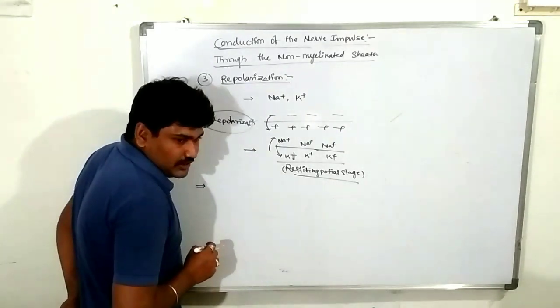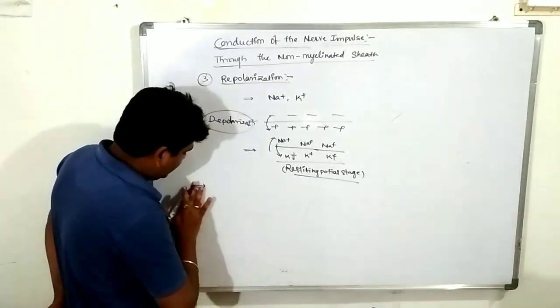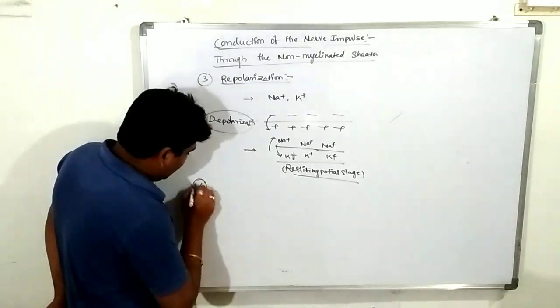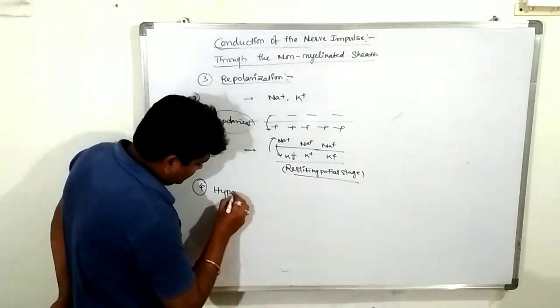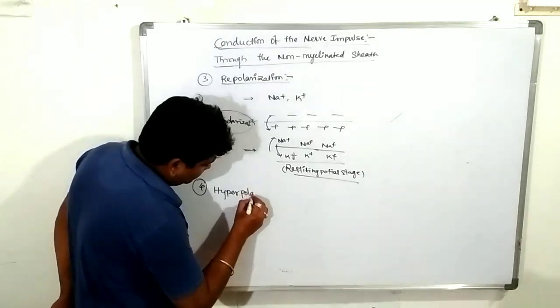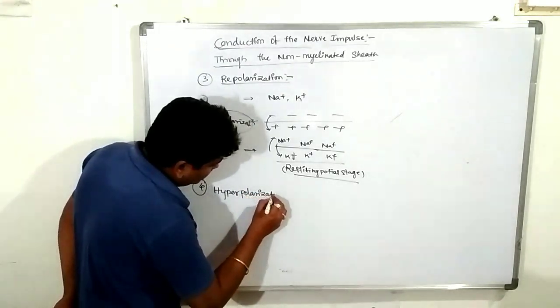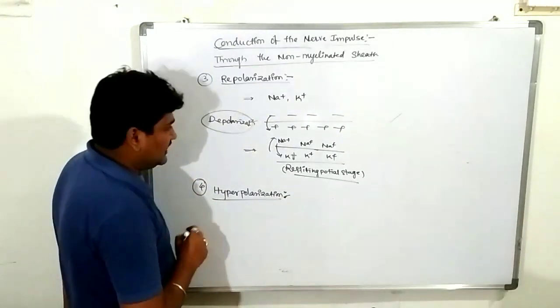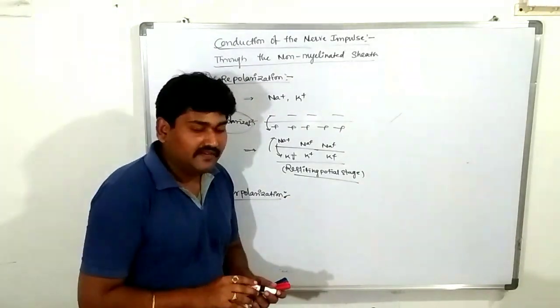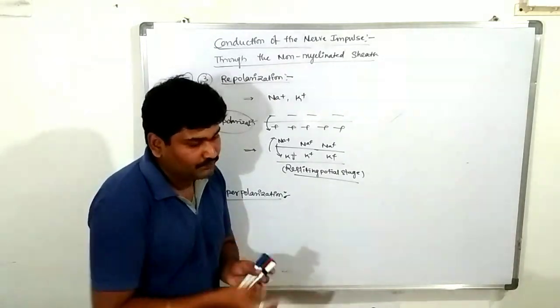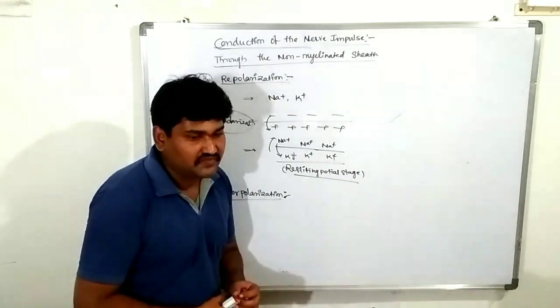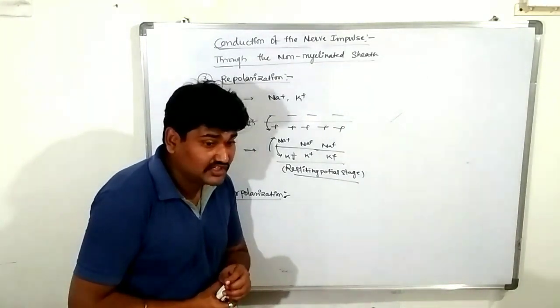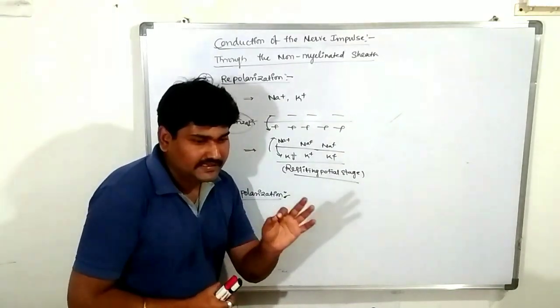So in this condition, next one, the last one is hyperpolarization. What is the hyperpolarization? Hyper means high. Polarization, high polarization will occur.